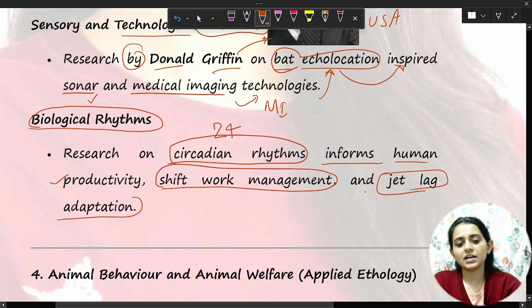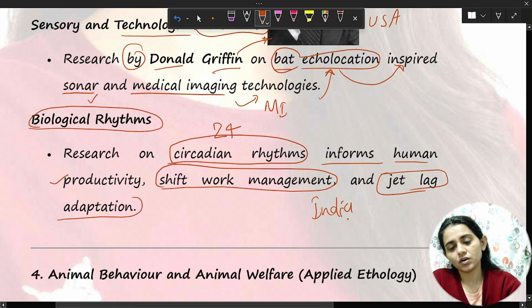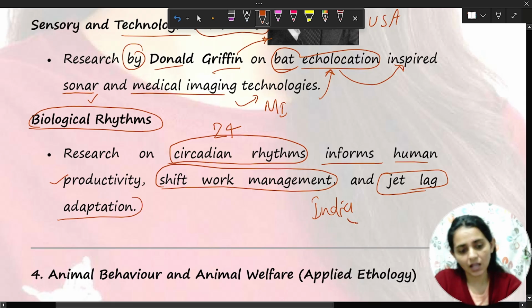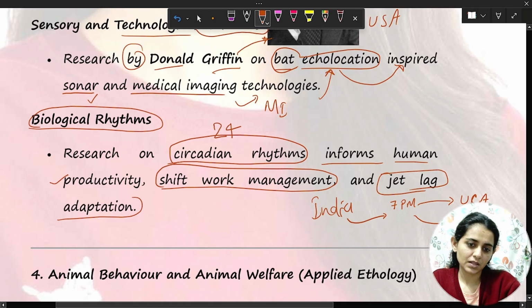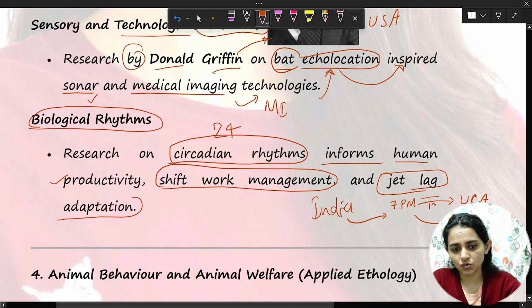Jet lag, what is jet lag? If you are living in India and in the evening at 7 p.m. you take a flight and go to the USA, and the flight takes, let's just assume, 12 hours, I don't know how much time it takes, just to understand jet lag adaptation.